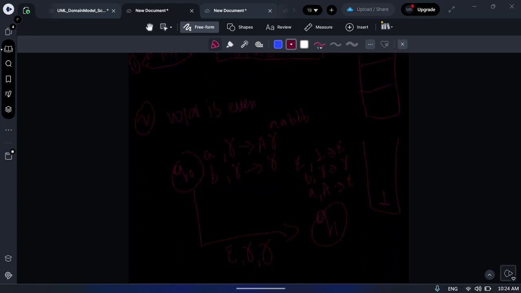Now, the word of A is even, meaning that the A's in the word are even, the B's are not. So for that, you will read an A, and whatever is on the stack, we put A. If there is a B, whatever is on the stack, put nothing.